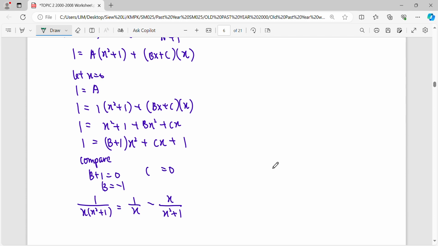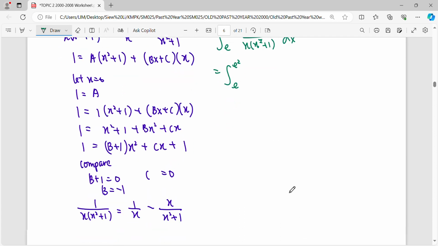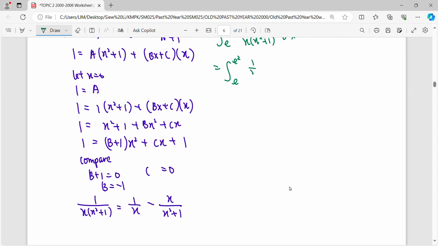Then we continue with the integral part. To integrate from 1 to e squared, 1 over x squared plus 1 dx, substitute our partial fraction form, which is 1 over x minus x over x squared plus 1 dx.